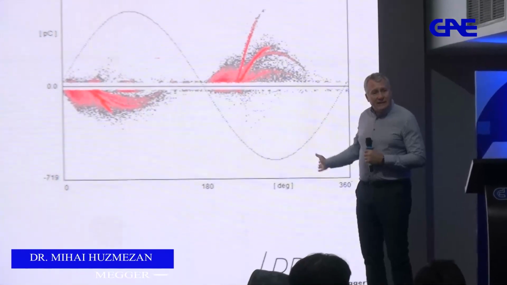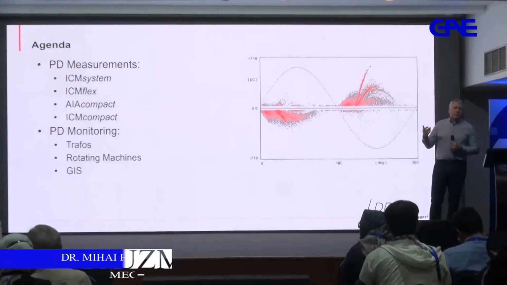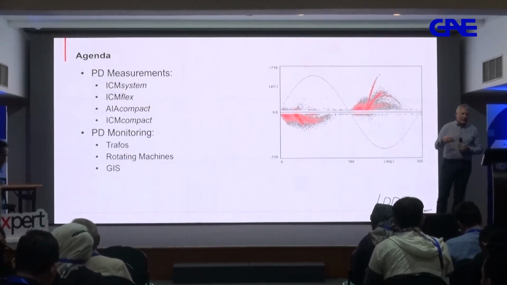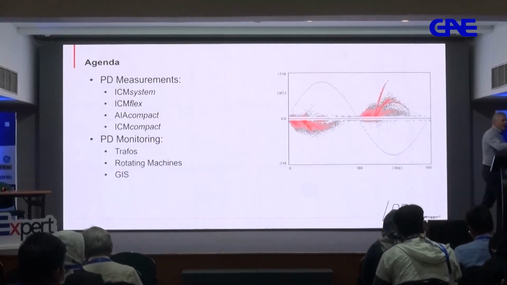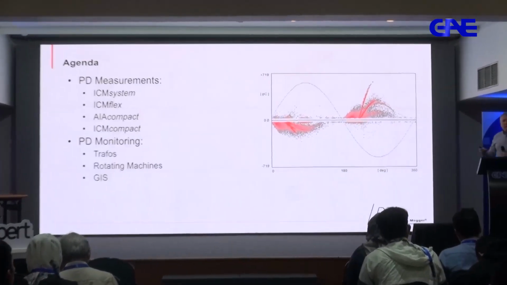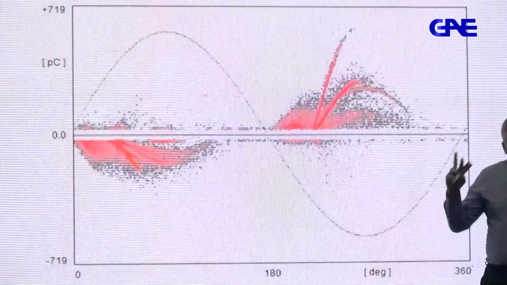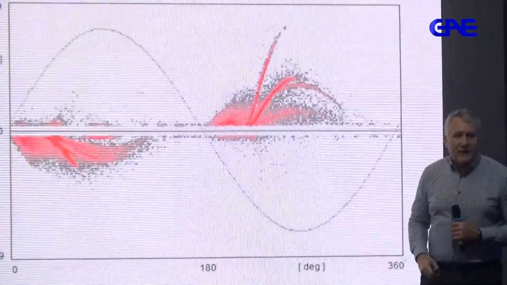We invented this diagram, and as a result of our research work, we were able to devise several things. We were able to devise both test and measurement devices that are capable of acquiring this diagram. And equally, we were able to connect the dots with the real problems that various insulation materials have.